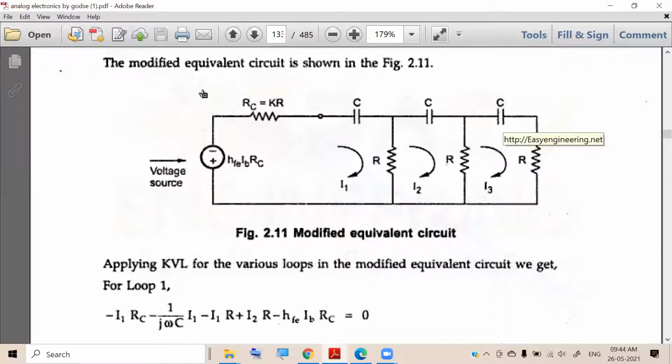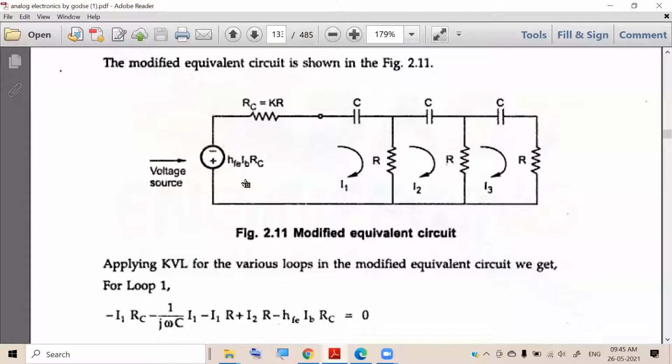So first the KVL here. Whenever we are writing KVL, what does KVL say? The sum of all voltages is equal to 0. When we take the sum of all voltages, for a component like this with plus and minus, either we can consider the entering terminal or the leaving terminal.